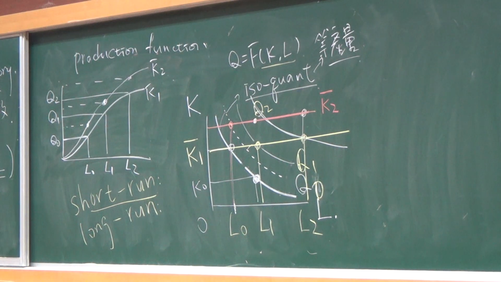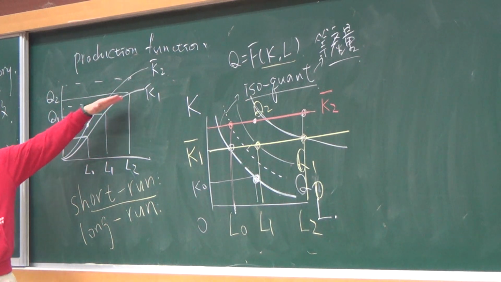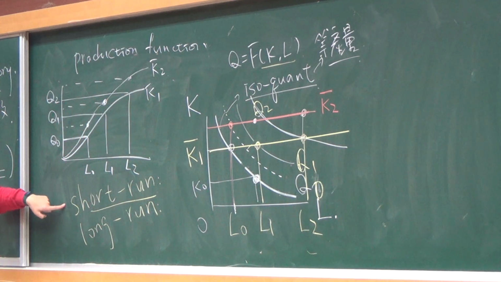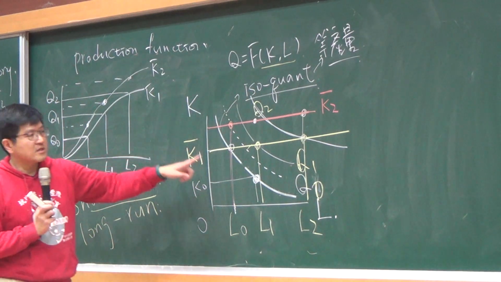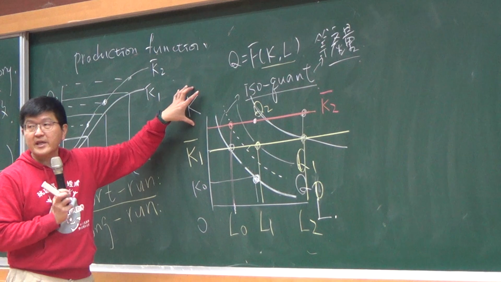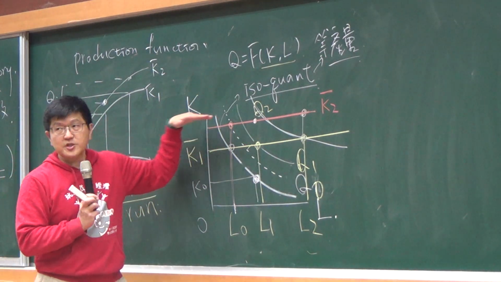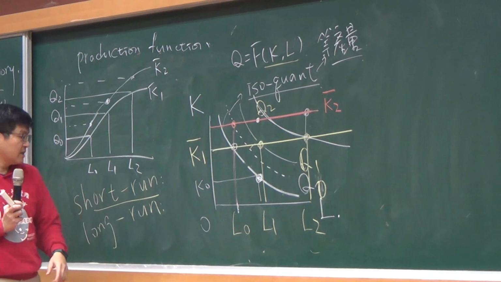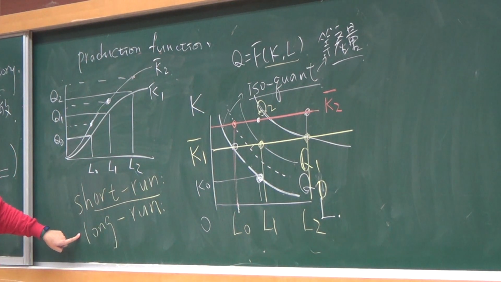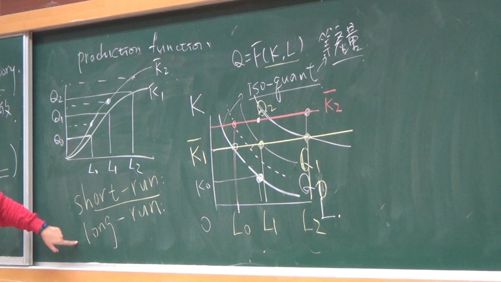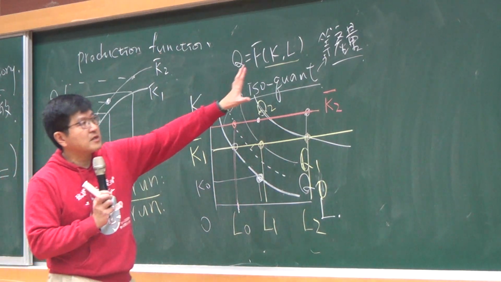The very first thing I want you to learn is to find the correspondence between these two. And actually, the curves here are a short-run production function. And for this, because you may change L and K without any restriction or limitation, it can be adopted to analyze long-run issues. So we analyze long-run issues with isoquant curves.